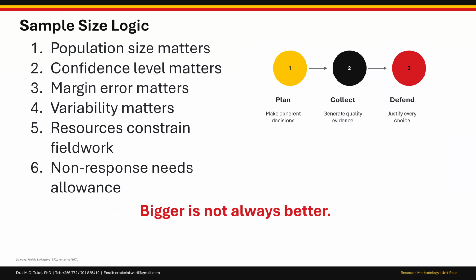I want to give an example before the question comes from here. If the accessible population is 500, Charles, I'm now answering some of your questions. If the accessible population is 500 and the researcher uses a 5% margin of error, Yamane's formula gives approximately 222 respondents.